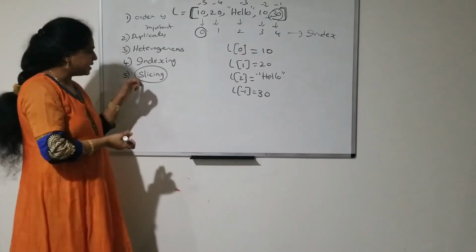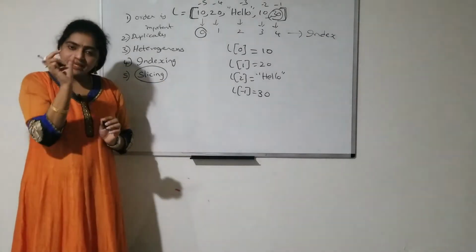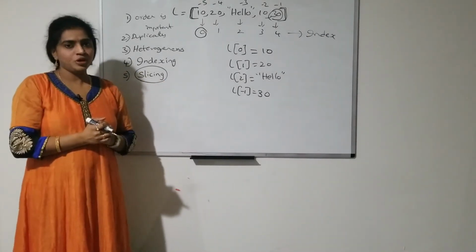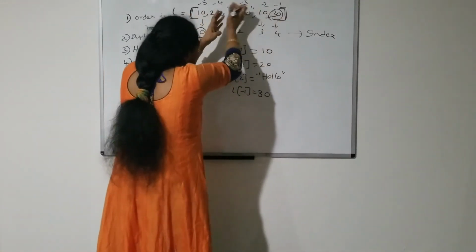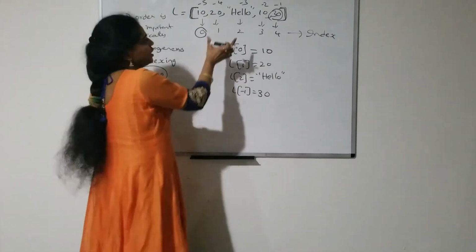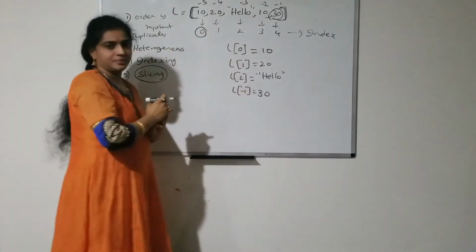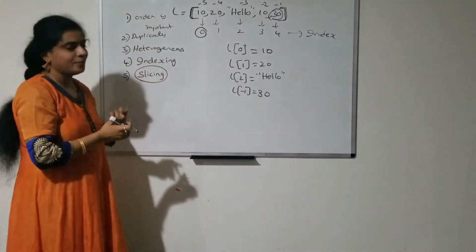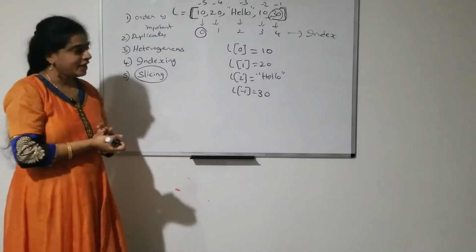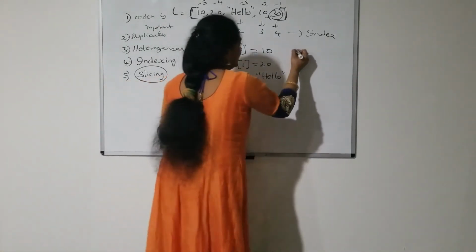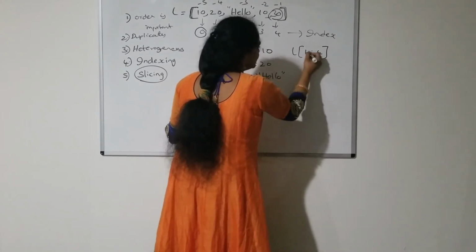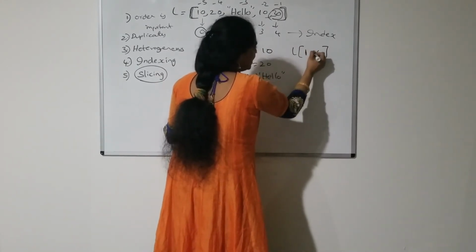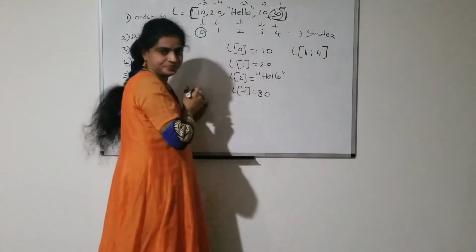In the same manner, in this list, if I want to access only some objects of the list, I can use the slicing operation. See, suppose L of 1, 4, where slicing is always represented with a colon.